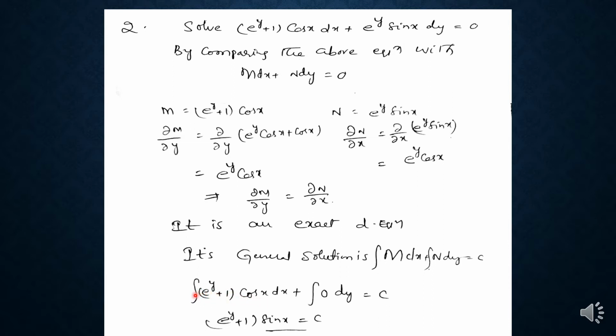To integrate this function, we can write it as (e^y + 1) into integral cos x dx plus integral 0 dy is equal to c. So that is (e^y + 1) into integral cos x dx, which is sin x, is equal to constant c. So (e^y + 1) sin x is equal to c is the general solution of the differential equation (e^y + 1) cos x dx + e^y sin x dy = 0.